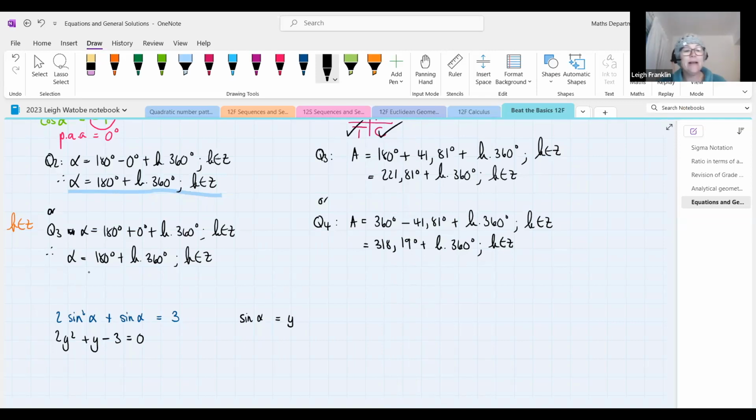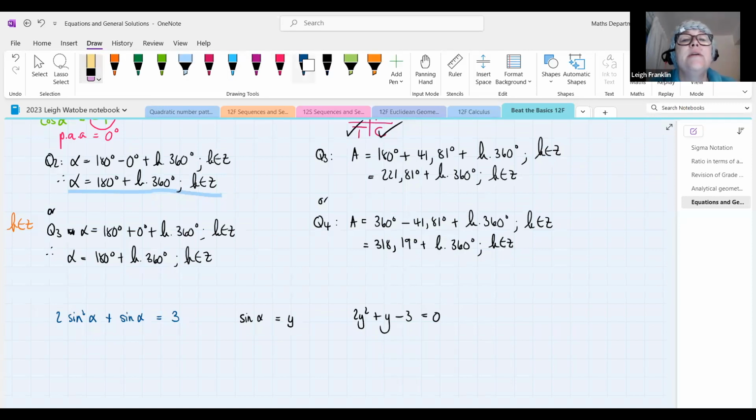So it's exactly the same thing here, only now we're working with trig. Okay, so we're going to bring the 3 over, make it equal to 0, and then factorize. So here on the side, I'm going to write 2y squared plus y minus 3 equals 0, and we're going to use that to help us to factorize.